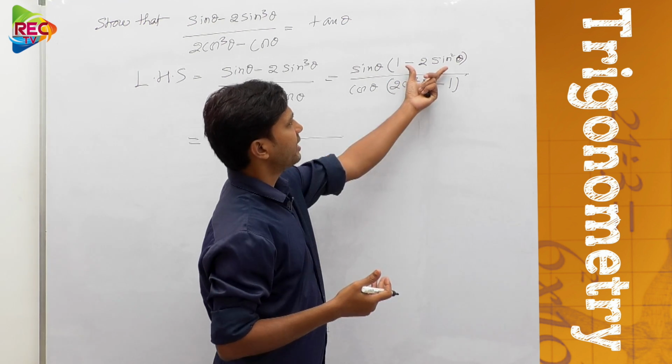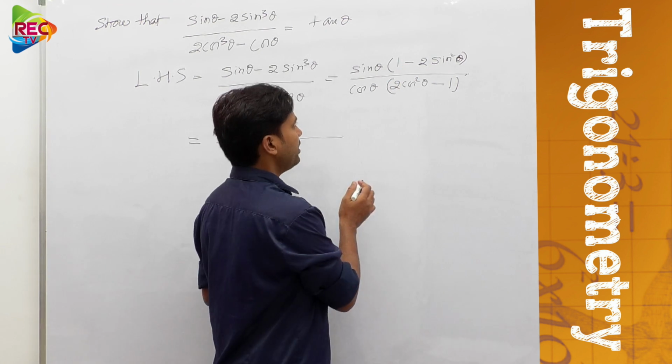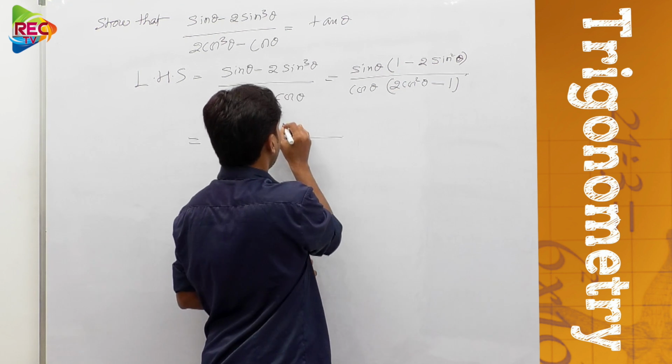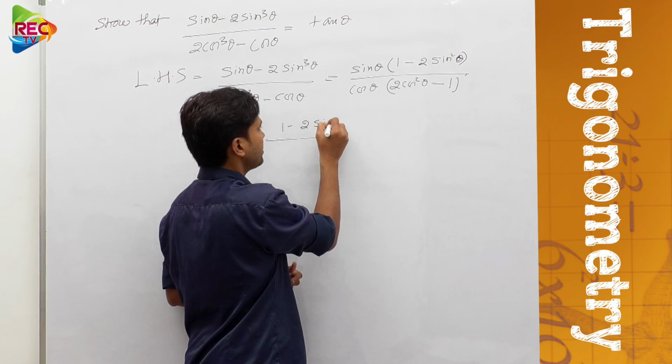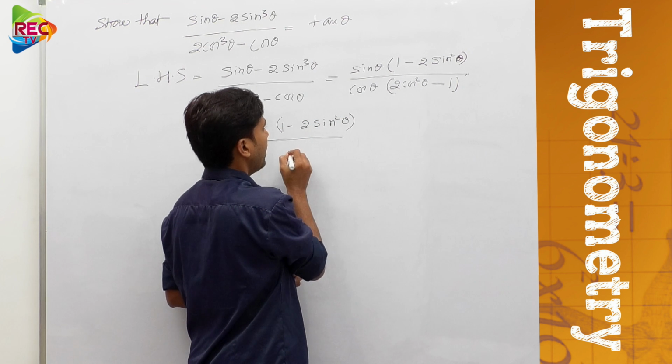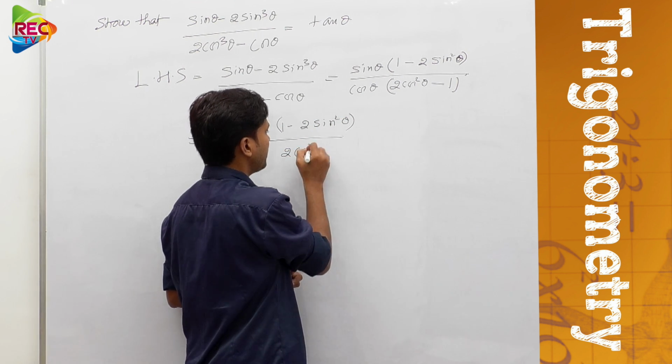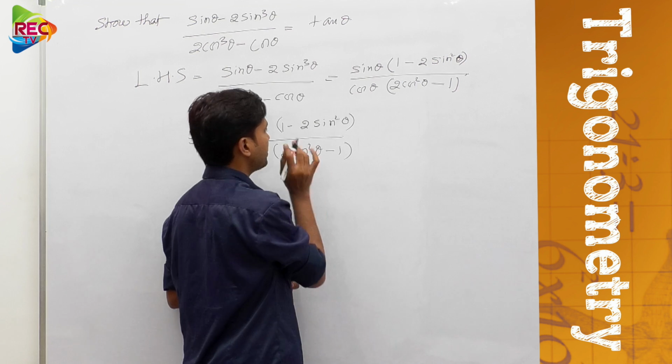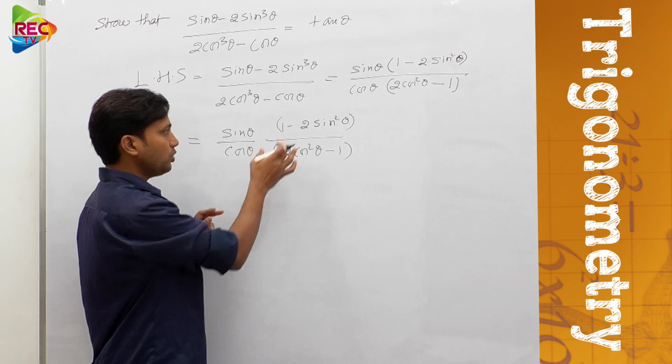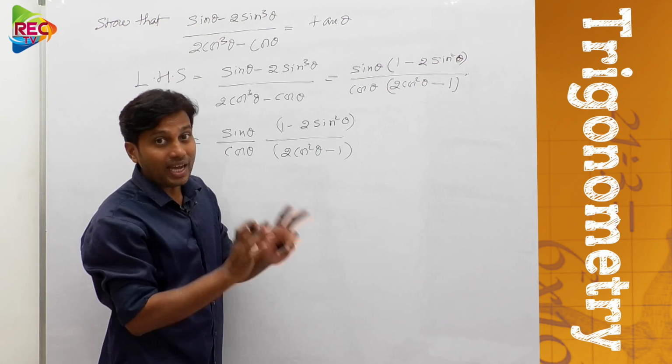Let us do the further simplification. The numerator part is 1 minus 2 sin square theta, and the denominator is 2 cos square theta minus 1. What should be our result here?